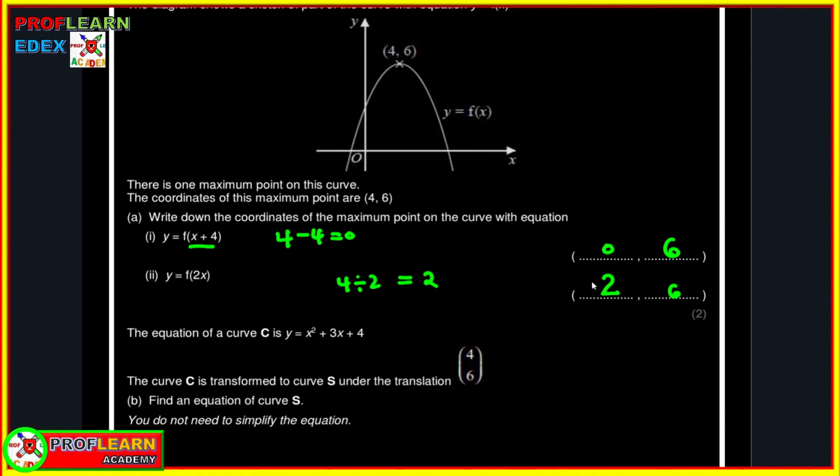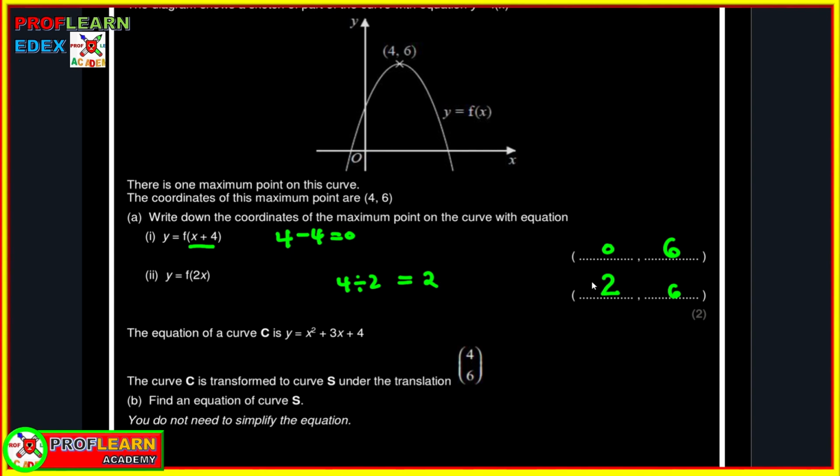But if you are told f of x plus 4, when you are having a transformation inside the bracket, it means it's going to affect only the x values. The y values are going to remain the way they are. So the coordinate 6 is going to remain the way it is. But if the transformation is taking place inside a bracket, you are going to do the opposite of what the transformation says.